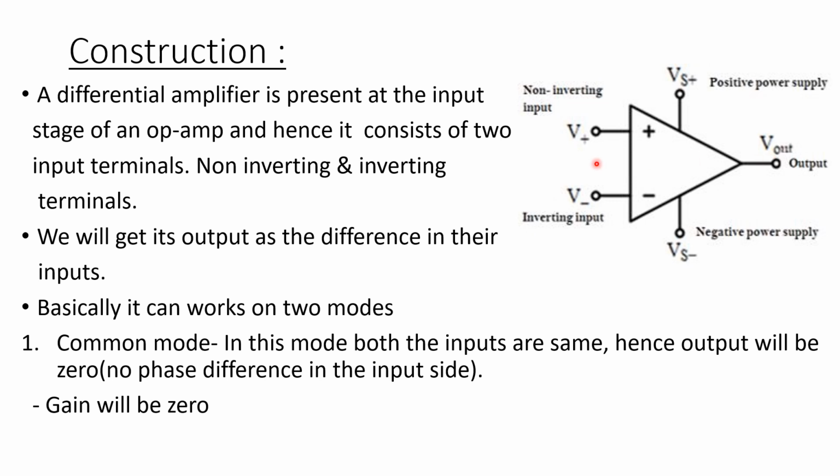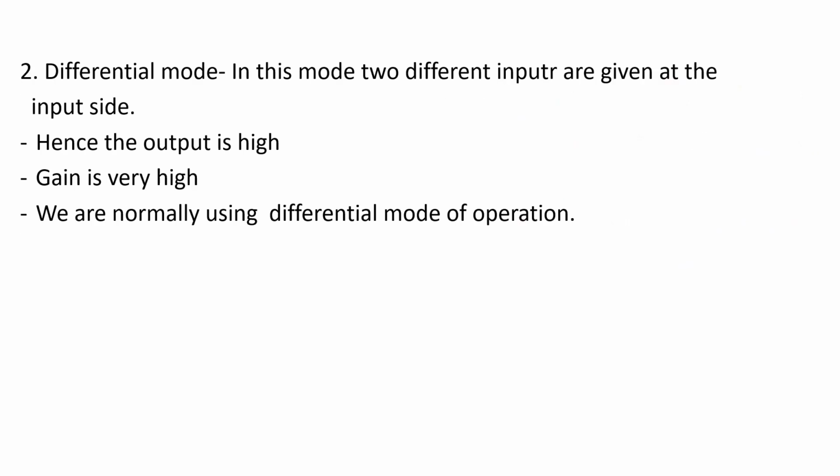That means if an op-amp works in the common mode region, its output will be exactly 0 because both the inputs are the same, so we can say its gain will be 0. This is the main point about common mode.